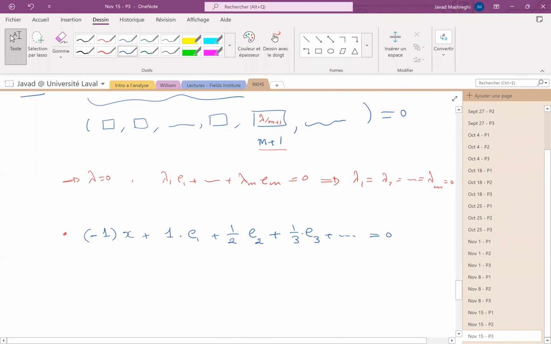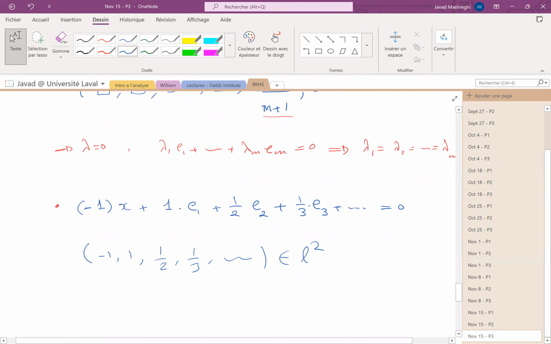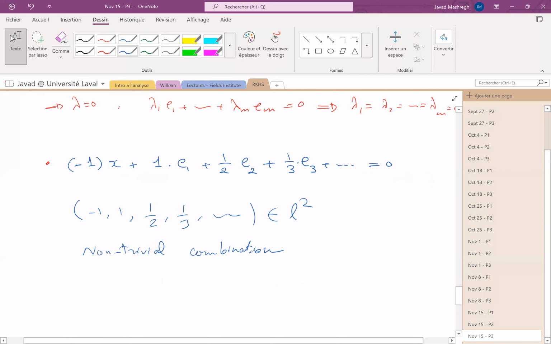The sequence we have here is the sequence minus 1, 1, a half, 1/3, and so on, which is in L2. And the combination is equal to 0. So it's a non-trivial combination which gives 0. Therefore, they are not L2 independent.